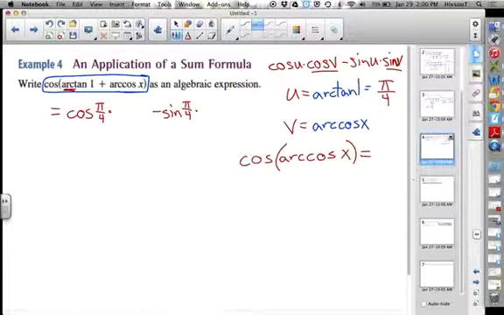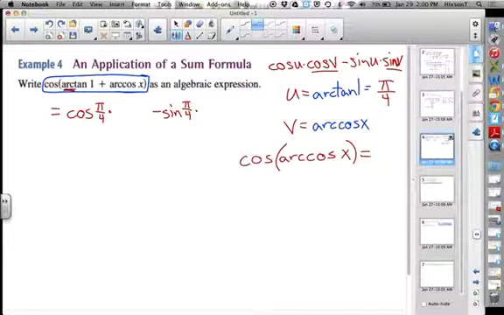Okay, so now v. V is a little bit challenging. The fact of the matter is we have no idea what v actually equals. However, we can find the cosine and the sine of v, even though we don't know what angle v is. First, I want the cosine of angle v.